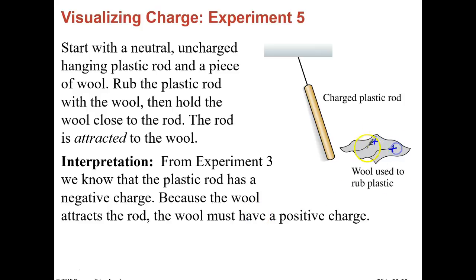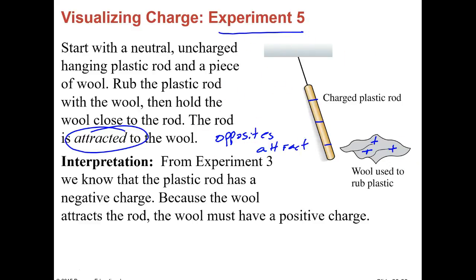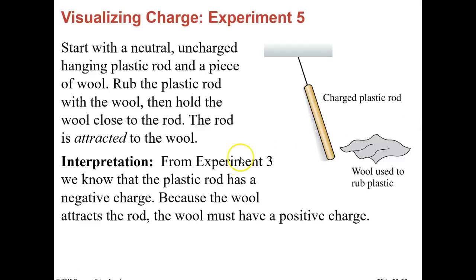So we're going to put positive charges on here, and then this plastic rod must have some sort of excess negative charge. If that's true, then we know that they will attract, because opposites attract. And that's what should happen in experiment number 5. And that gives you both what happens as well as the interpretation.